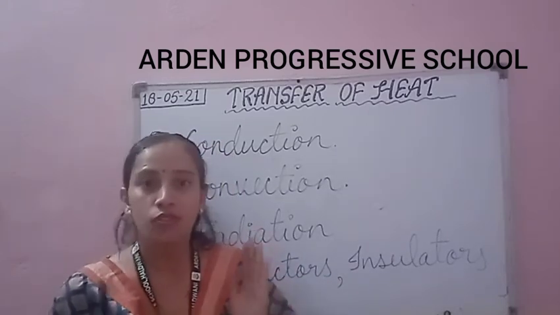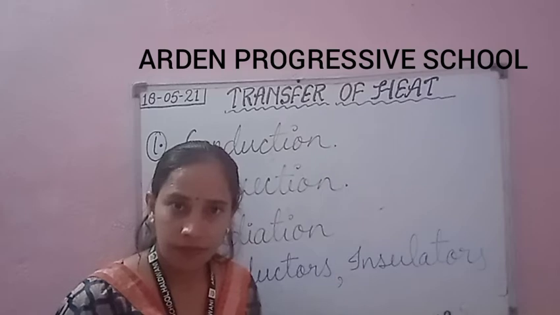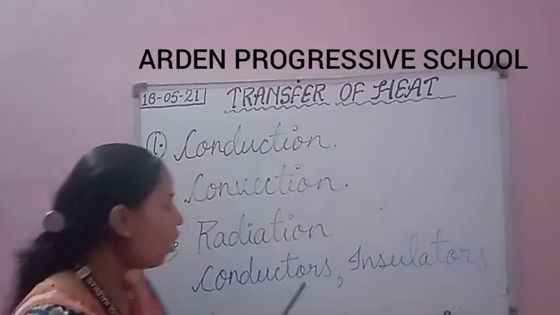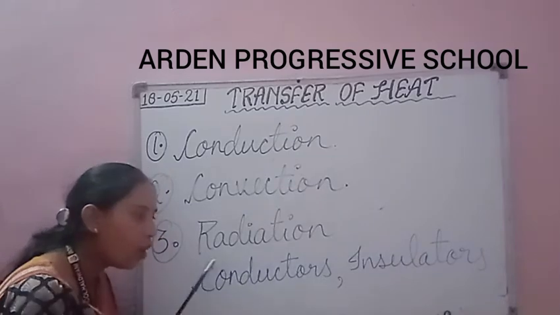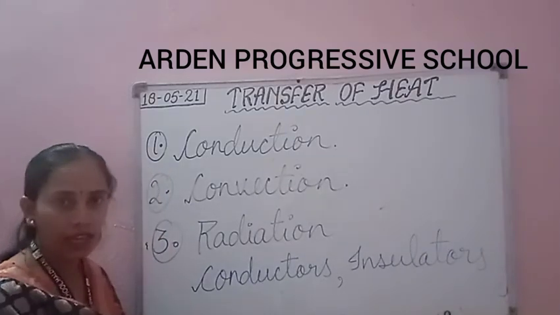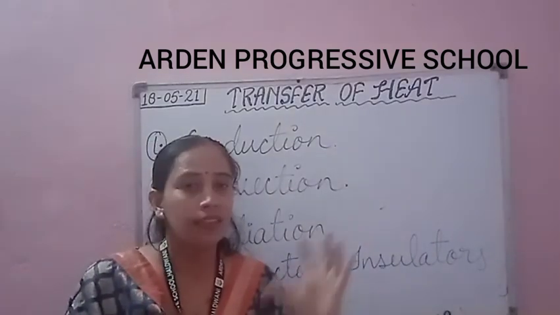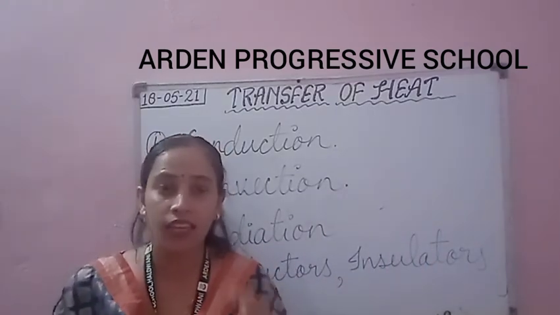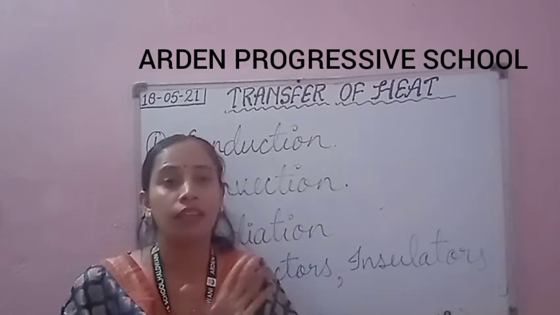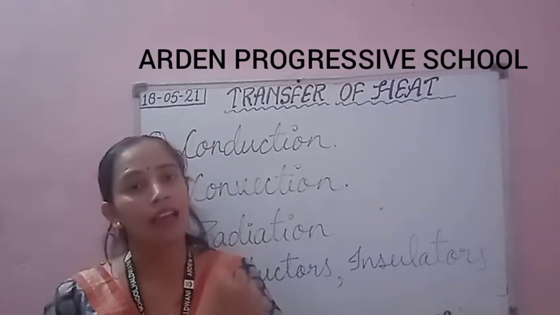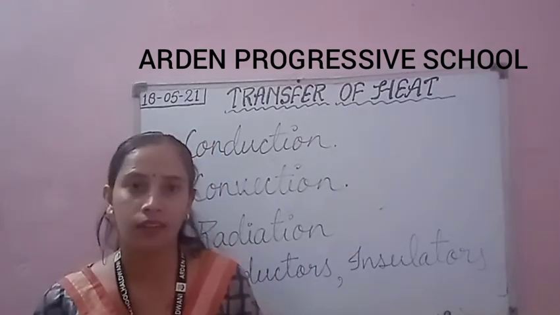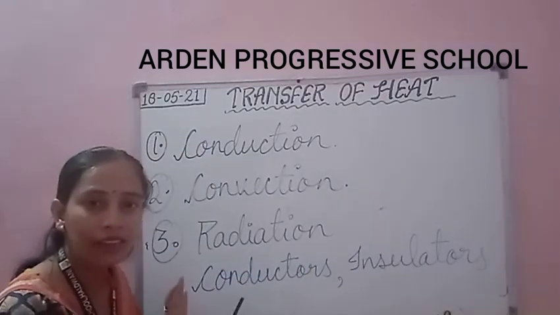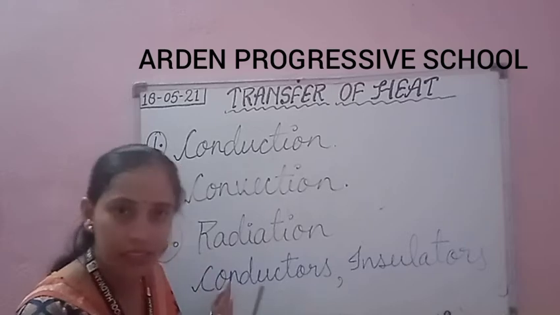Aluminium, copper, steel, iron, these are all examples of conductors. When we touch any portion of steel, aluminium or iron that is burning, we feel the hotness at every end. So these are good conductors of heat.